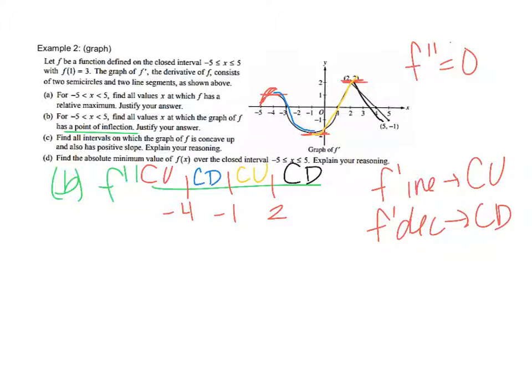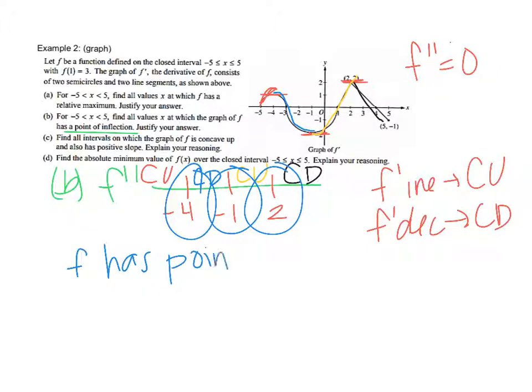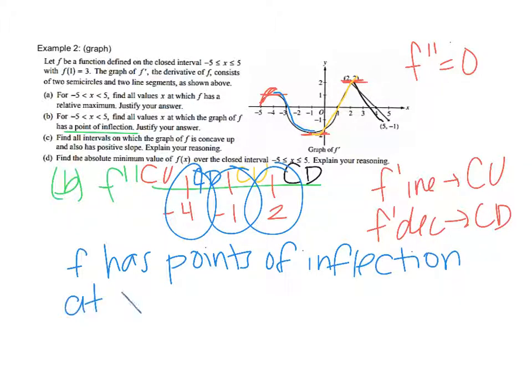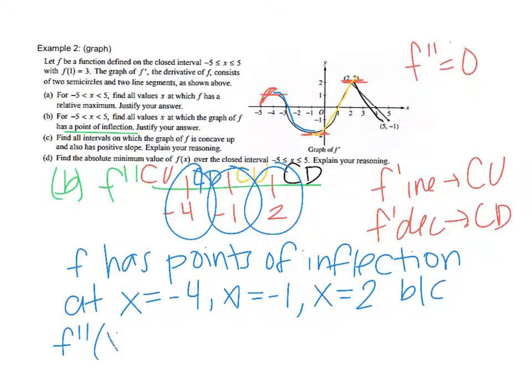Because the sign changed, the concavity switched every single time, so all of these points are points of inflection. So let's justify. F has points of inflection at x equals -4, x equals -1, and x equals 2, because f double prime of x is equal to 0.